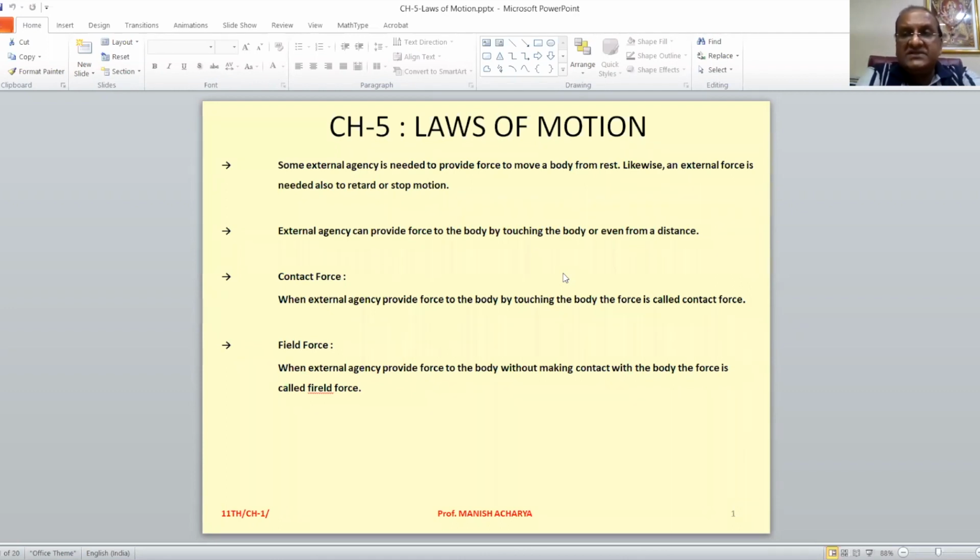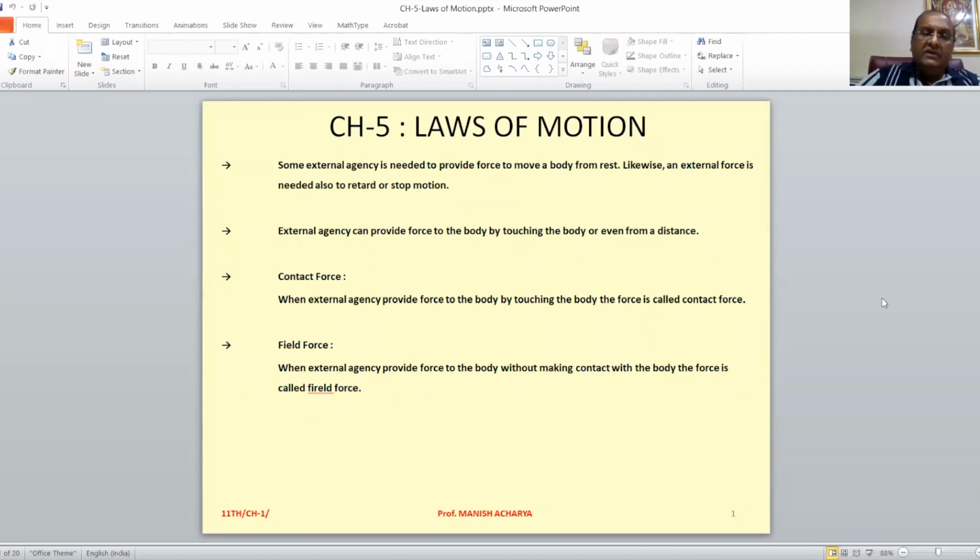If the body is stationary, steady, and we want to give it some motion, or if the body is in motion and we want to stop it, or change its state of motion, then we have to apply force. So we can say force is a physical quantity with the help of which one can change the state of motion of the body.